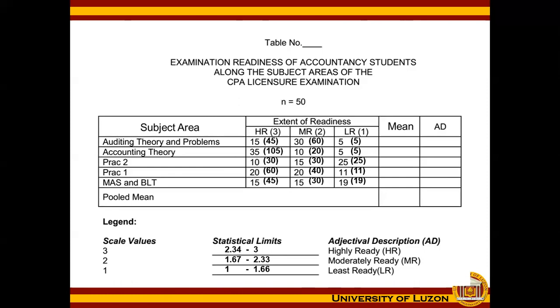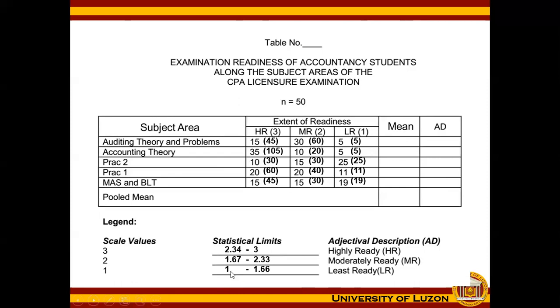Always remember that. Okay? So it is statistically improbable to compute for a mean lower than 1, nor higher than 3 in a 3-point Likert scale. Okay, in a 3-point Likert scale.